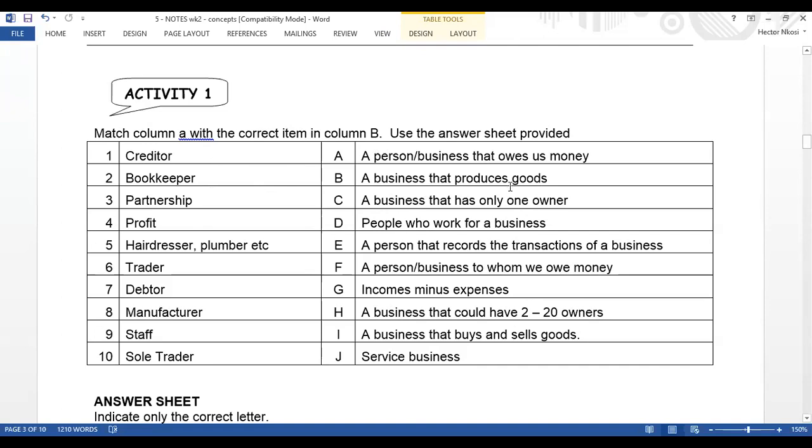So this is the match the column activity basically. Please, guys, I'm only giving you a minute or so to take a picture of this, or if you're using a phone, you can screenshot this activity one. First thing tomorrow, I want us to mark it. Then we'll continue with our business concept.